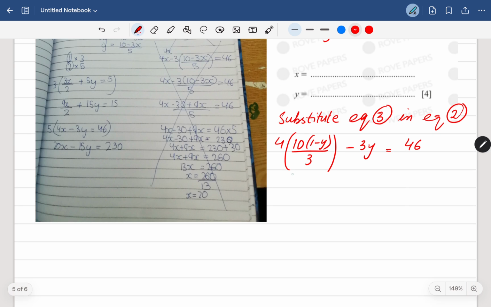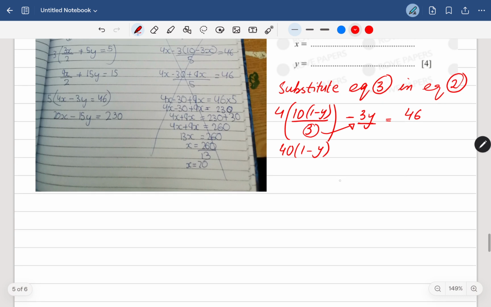So you can convert it in this form, that you can write it as 40 minus 40y, and since we have 3 here as the denominator and minus 3y doesn't have 3 as its denominator, in order to make the common denominator, we will multiply that same number with the numerator. So what will it become?